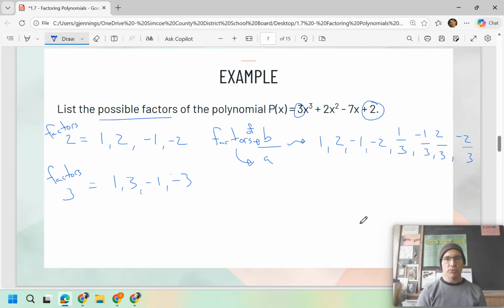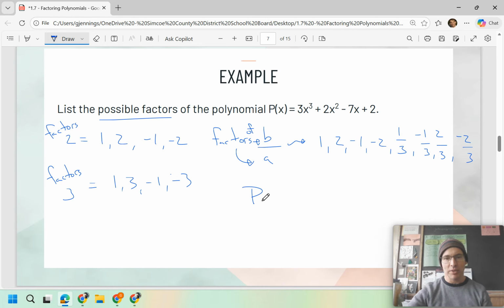So if we wanted to know, is any of those giving us a root? Like, is any of those actually a factor of this polynomial? How would we find that? The factor theorem. Yeah, you're going to apply the factor theorem. So we're going to input. Which one's the easiest one to test here? 1. Yeah, let's go.